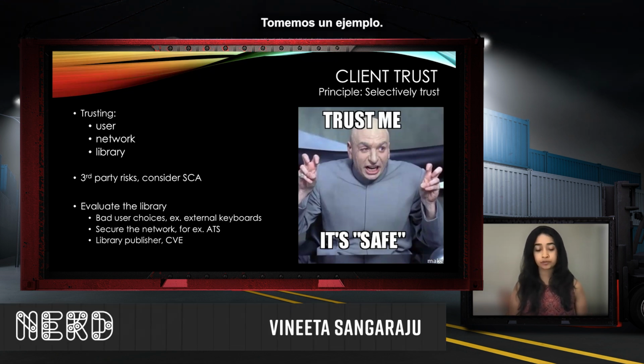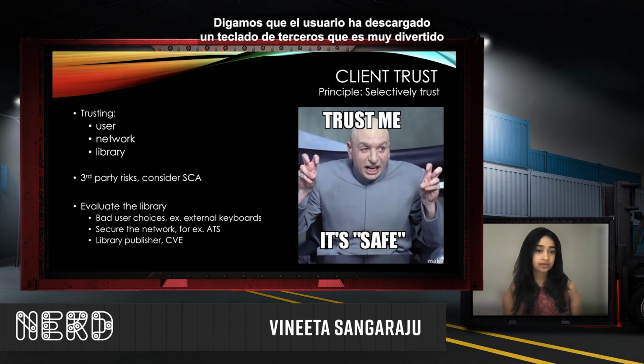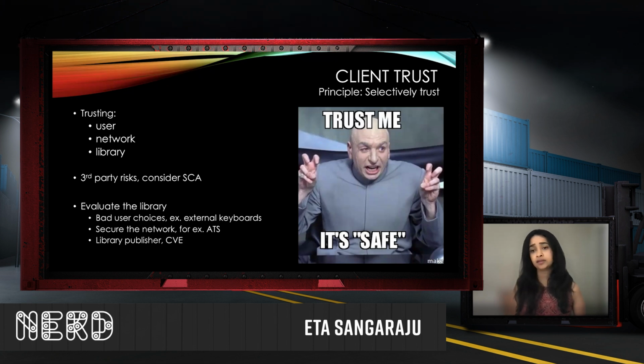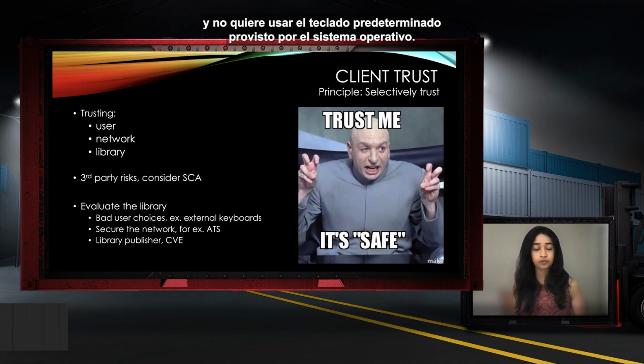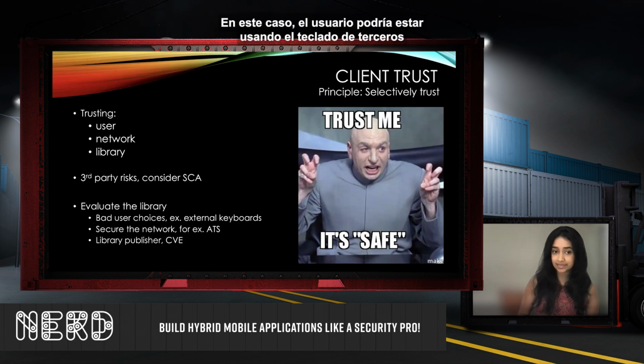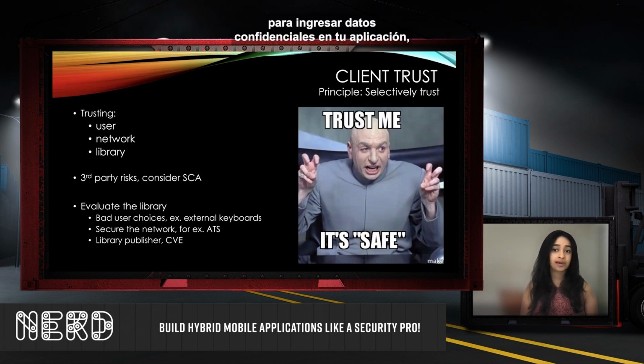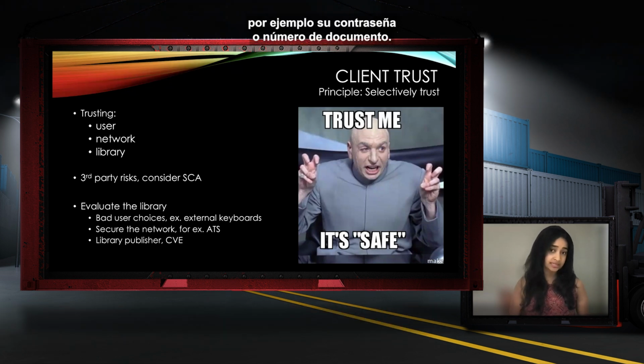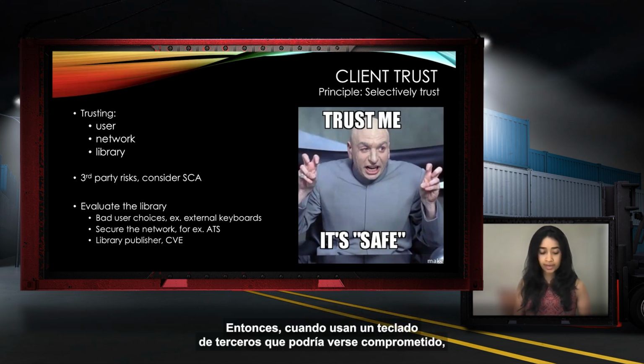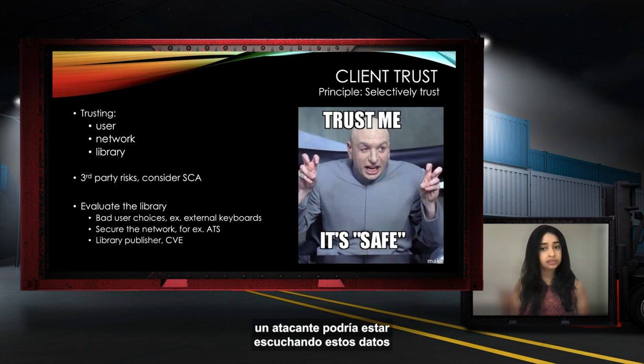Let's take an example. Say that the user has downloaded a third-party keyboard that is really fun and they don't want to use the default keyboard that the OS provides. In this case, the user could be using the third-party keyboard to enter sensitive data into your application, say their password or SSN. So when they use a third-party keyboard that could be compromised, an attacker could be listening to this data and harvesting user credentials.